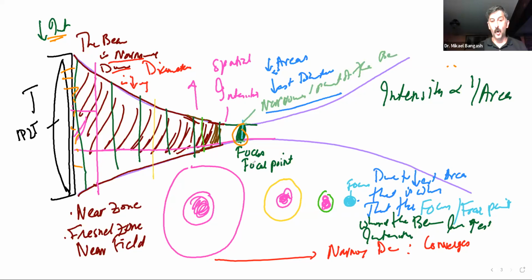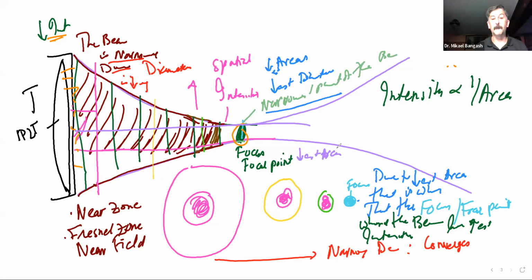So the focus, what we can call the focal point in the entire course of the beam, is the area in which the beam first of all focuses. What does it mean to focus? That it reaches down to the smallest area.